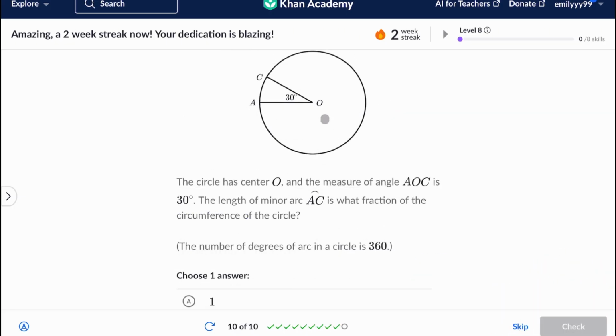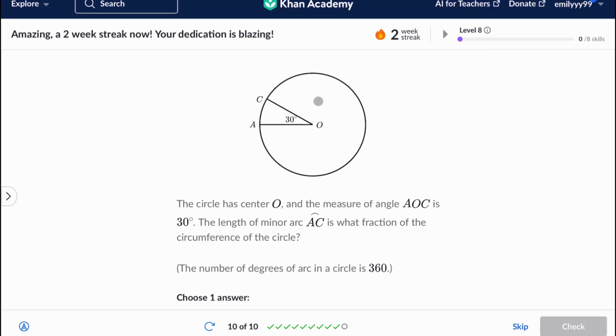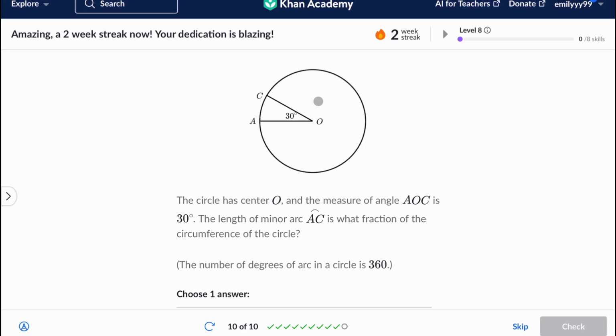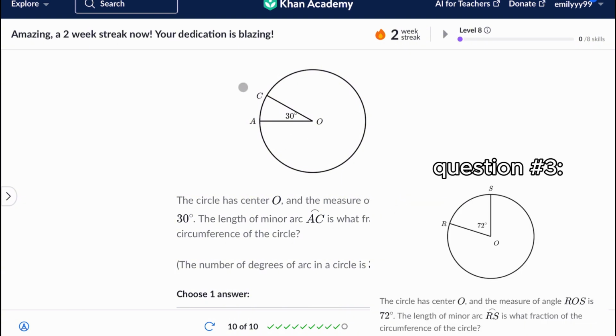The circle has center O, and the measure of angle AOC is 30 degrees, so that means the minor arc AC is 30. The length of the minor arc AC is what fraction of the circumference of the circle? This is the same type and format of question as that other circle question that we had that was 72 degrees.